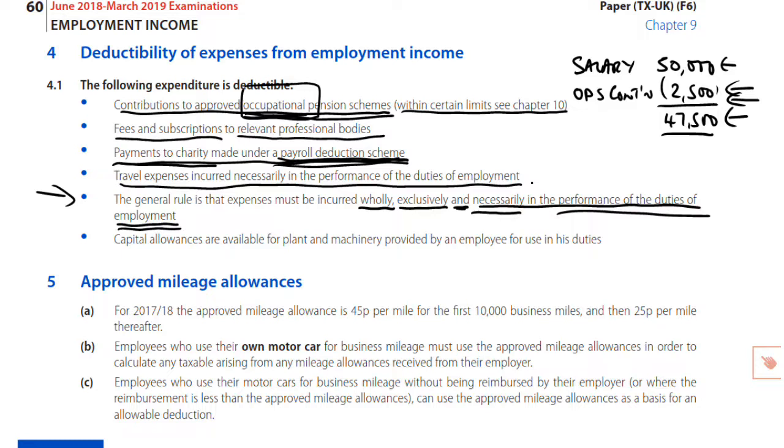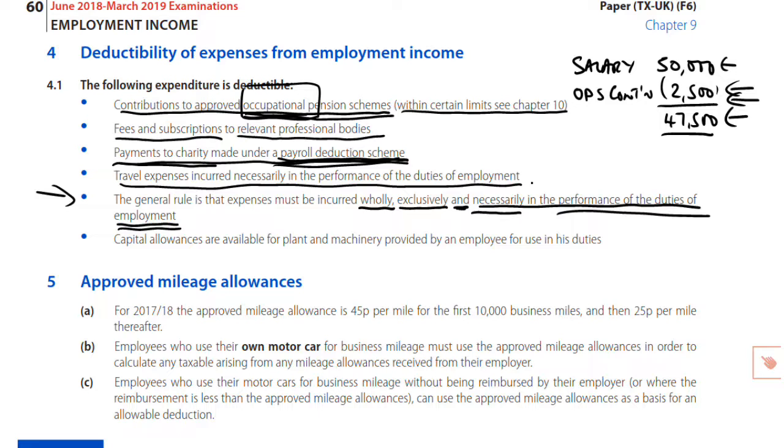Now, the reimbursement, the money that you got from your employer to compensate you for the costs that you incurred on the necessary travel expense going to business clients, for example, then that reimbursement to begin with would form a part of your employment income, a part indeed of those emoluments that have come from your employer.